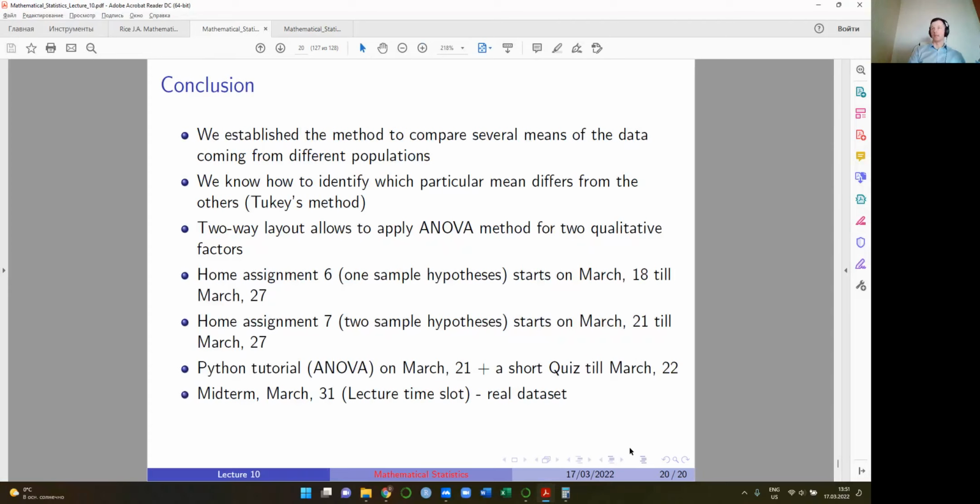But those calculations are going to be based on some real data set. So you will get some Excel file, you will have some guidance on what kind of hypothesis you need to test, and you need to perform this test, write down the conclusion of this test, and then you upload your solution, and I check this manually.